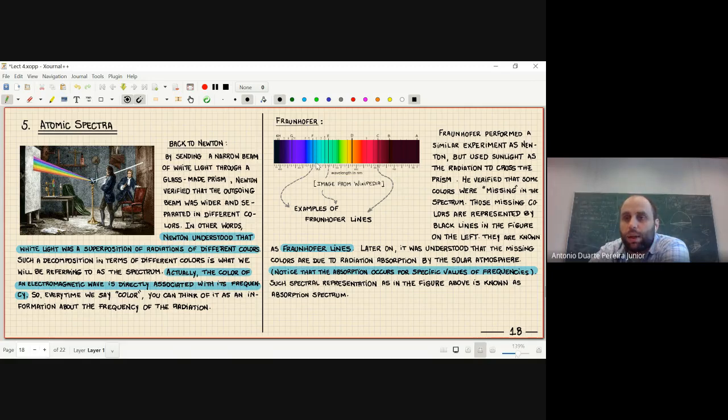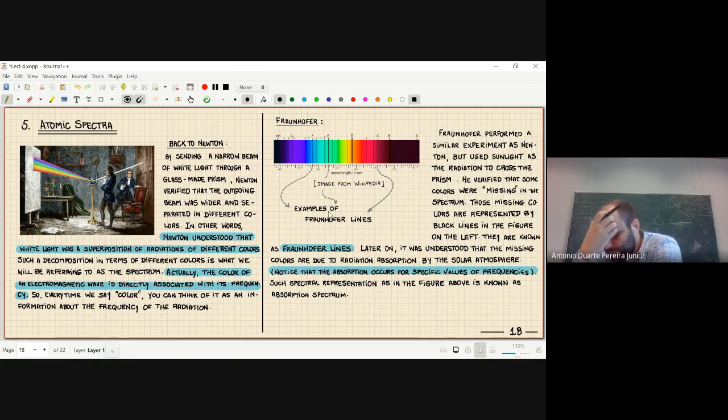So he didn't see a continuum of light, of different colored light from violet to red, as Newton did. These dark lines that we see in the spectral decomposition of the sunlight are what we call Fraunhofer lines.